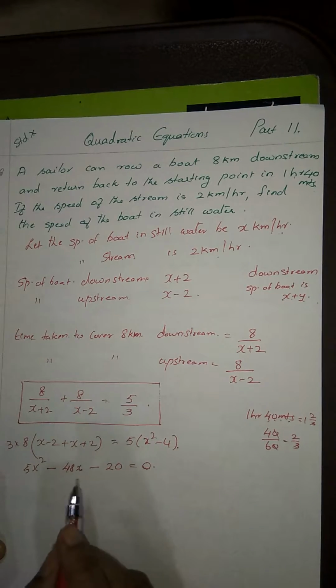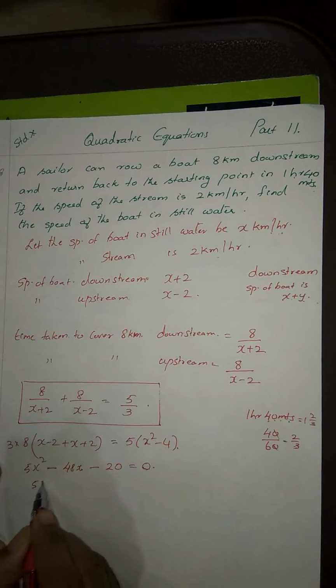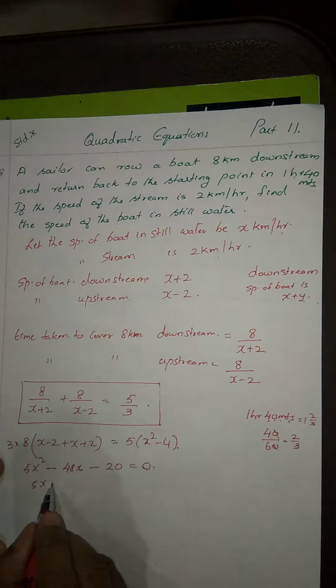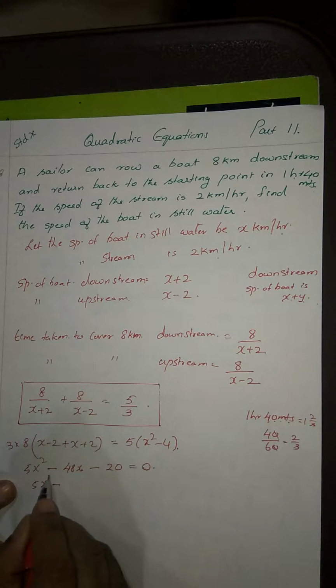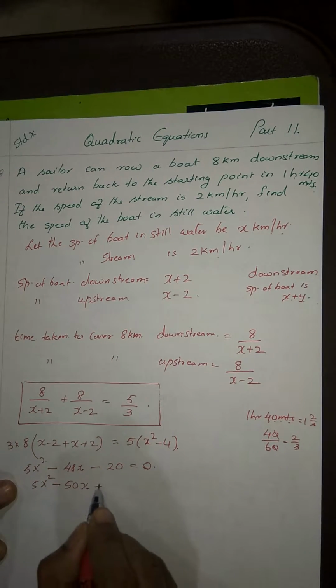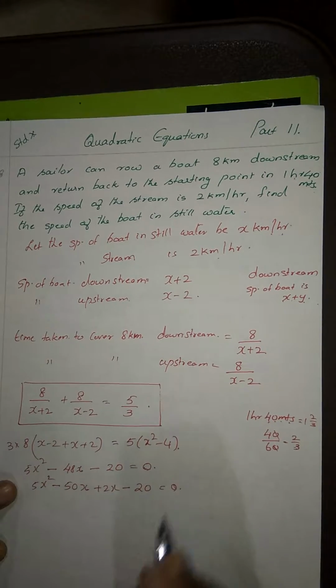So splitting the middle terms, you will get this as 5x squared minus 50x plus 2x minus 20 is equal to 0.